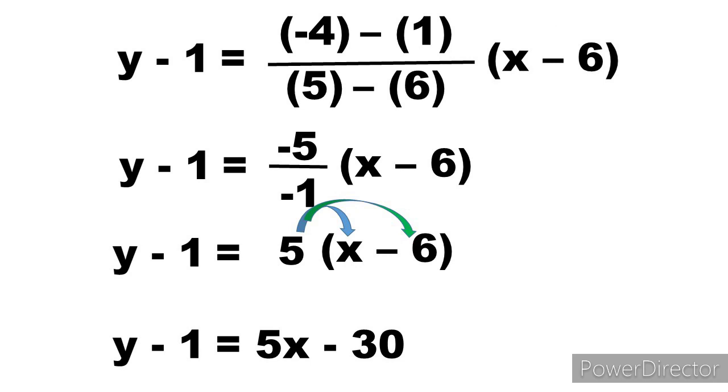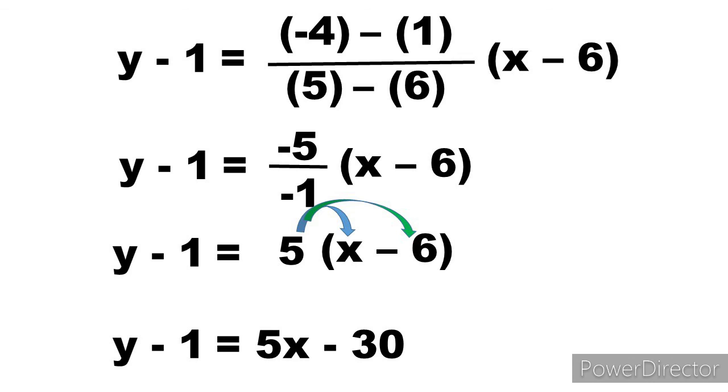So we write 6. And then the next step is to simplify. Okay, so we have now y minus 1 equals negative 4 minus 1. The answer is negative 5. Then 5 minus 6 equals negative 1 times the quantity of x minus 6.